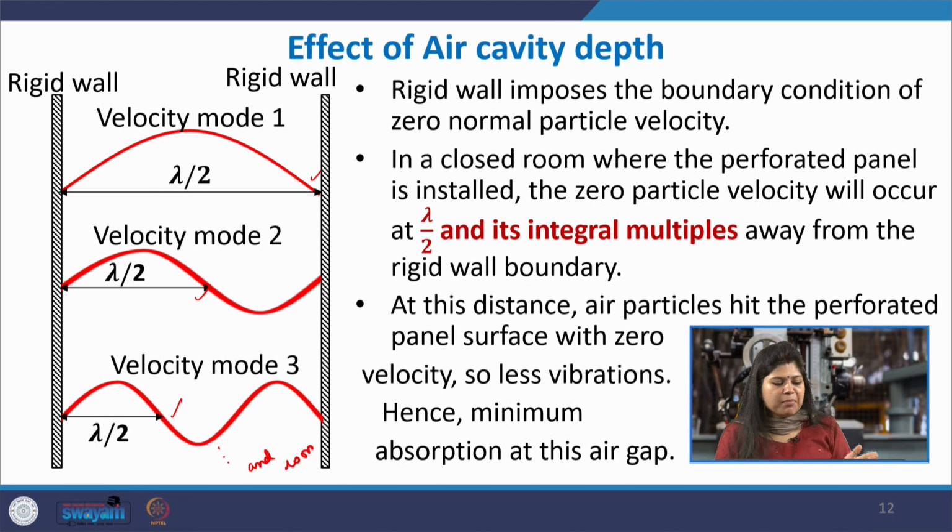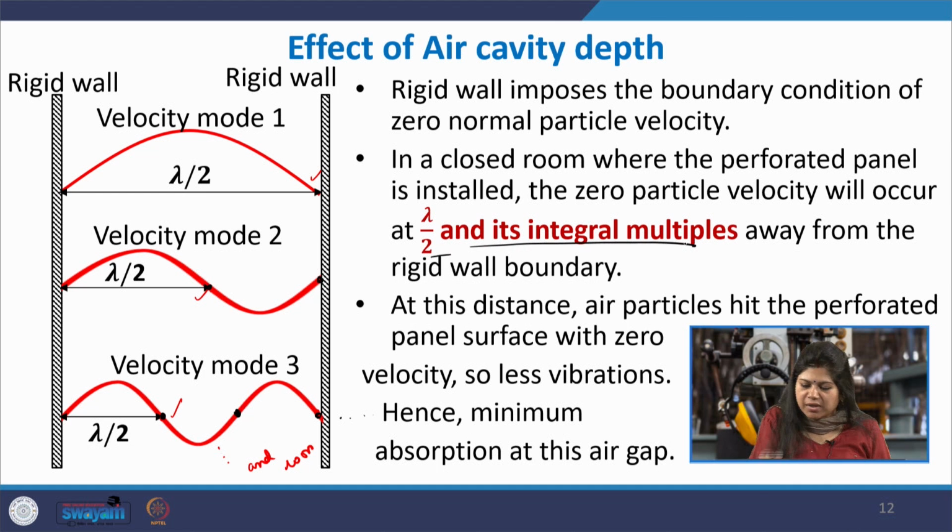So here at lambda by 2, then at lambda, then at 3 lambda by 2, and so on, at all these places the particle velocity is becoming 0. So it is lambda by 2 or the integral multiples.